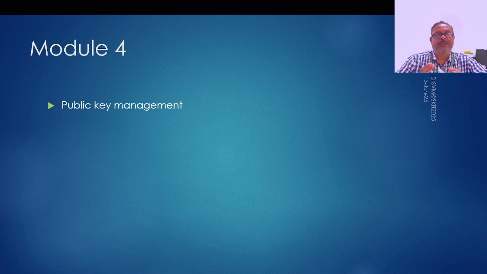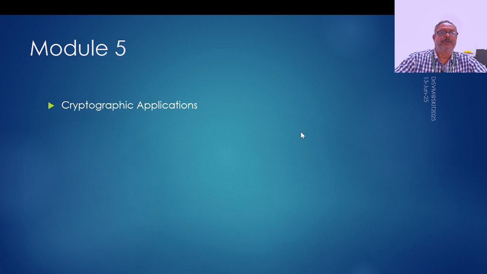Module 4 is all about how to manage this public key, because it is made public, and therefore there is very much a possibility that the security may be breached. So to ensure that the public key is available only to the authorized, many issues are to be taken up. That's what we have to look at in module 4.